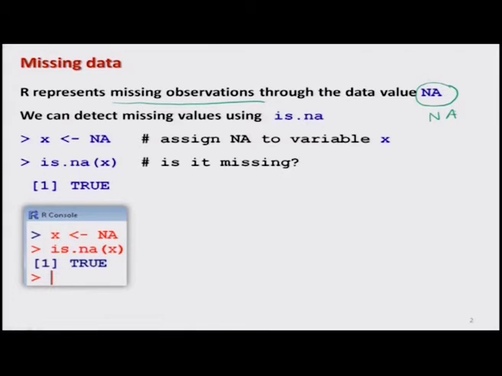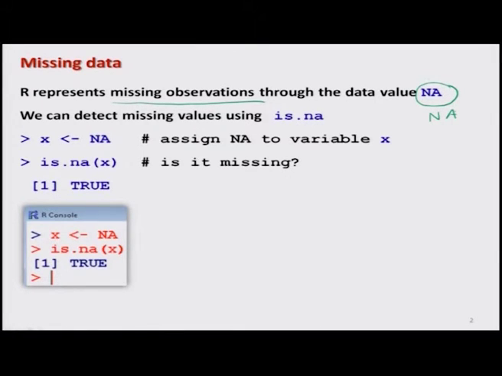Now the second question comes, suppose you are dealing with a very huge data set. Suppose there are 5,000 values or 20,000 values. You cannot scroll through all the data to know whether the data is available or not. So the question is how to know whether there is any missing data in the entire data set or not.